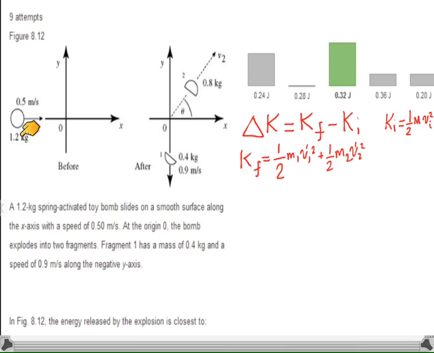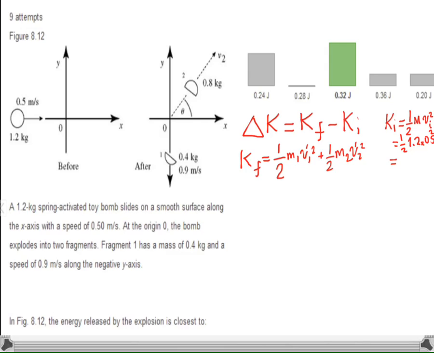So you can easily find the initial kinetic energy. That's not a big deal. 1/2 times 1.2 times 0.5 squared. So anybody can give me an answer if you have a calculator.